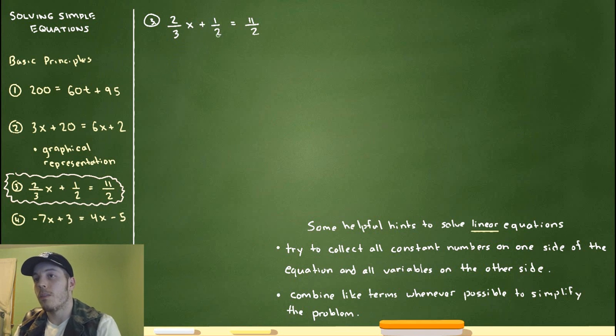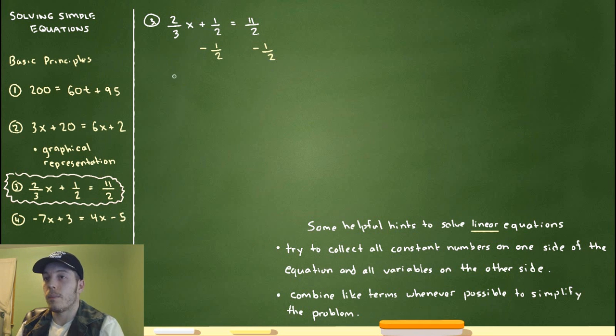So now we want to move this constant number 1/2 to the other side. So we're going to go ahead and subtract 1/2 from the left side of the equation. And that's going to eliminate the positive 1/2 here. And I'm going to do the same thing on the right to balance the equation.